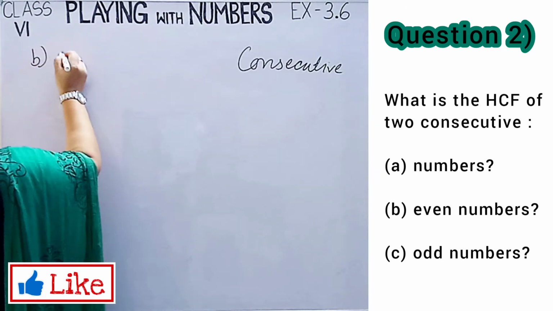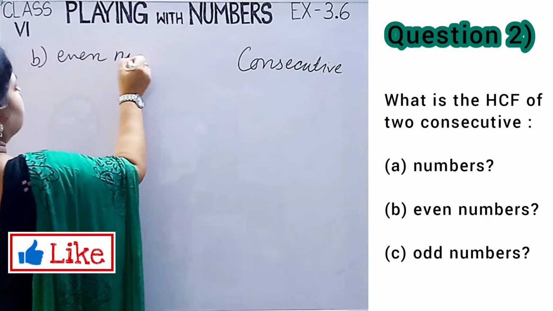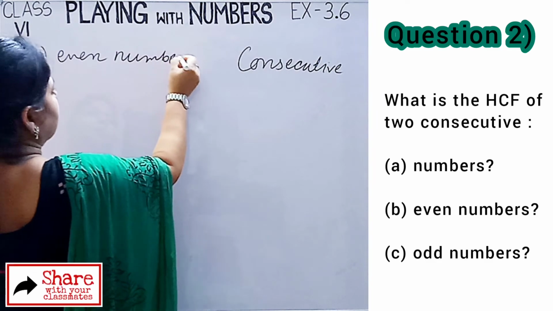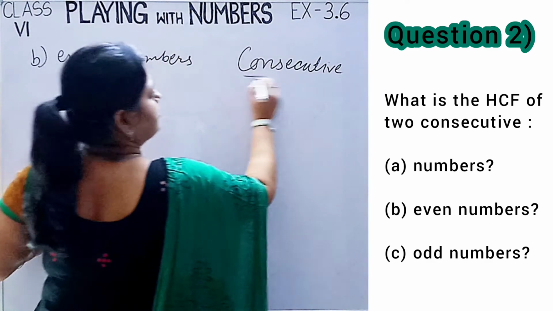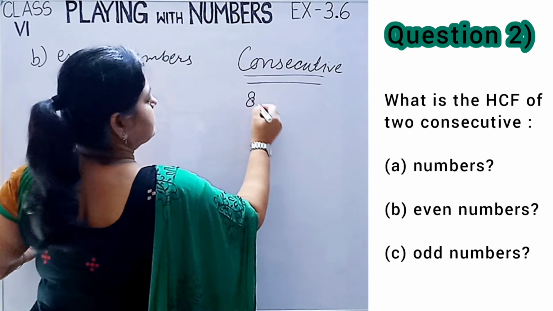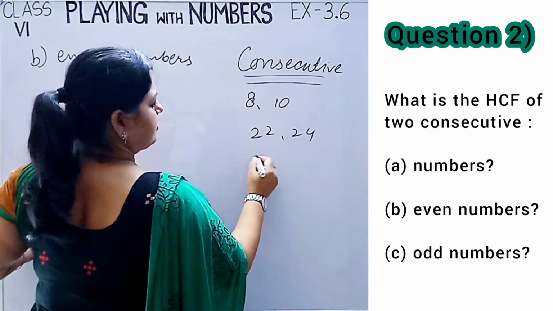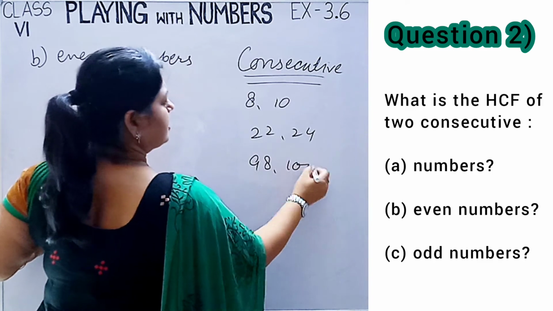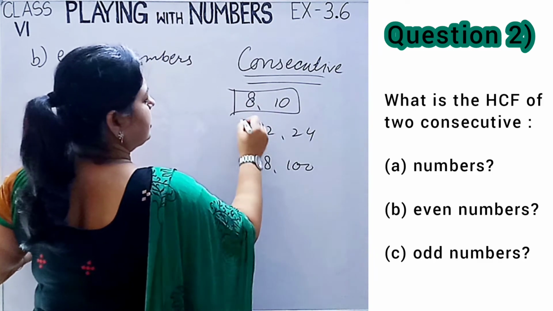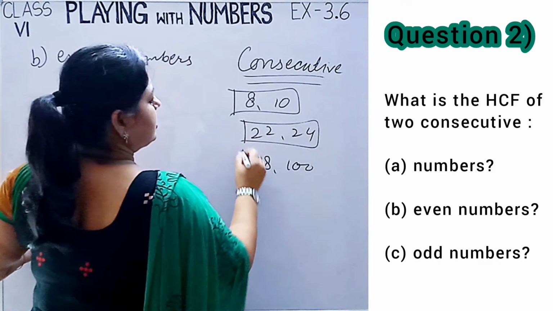B. Even numbers. So two consecutive even numbers are 8, 10, 22, 24, 98, 100. So these numbers are consecutive even numbers.